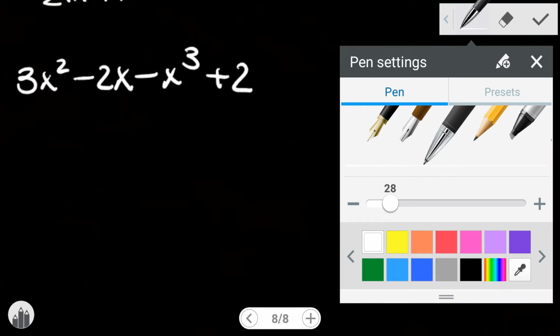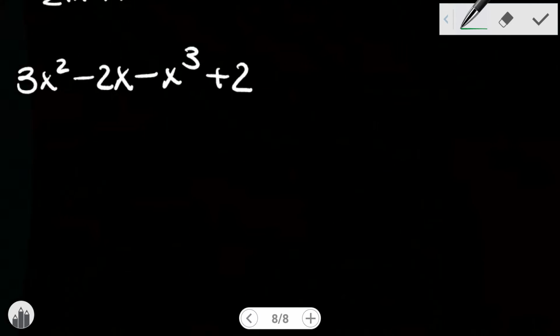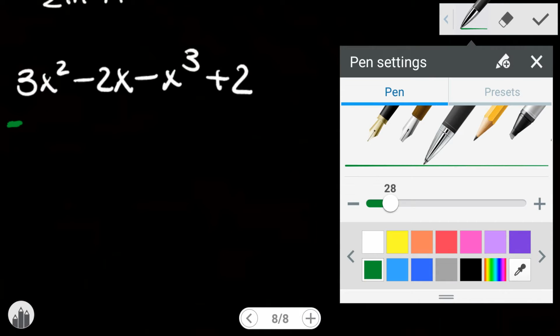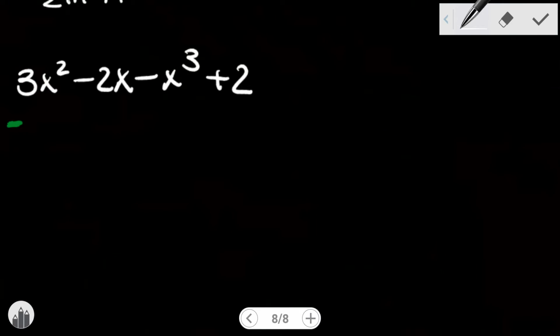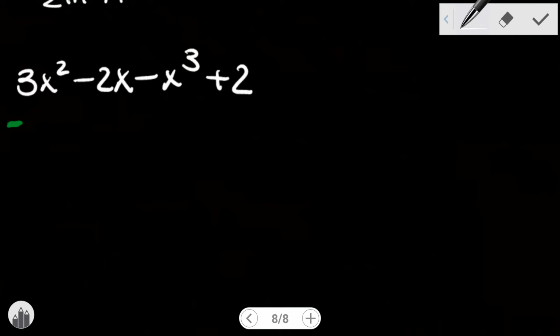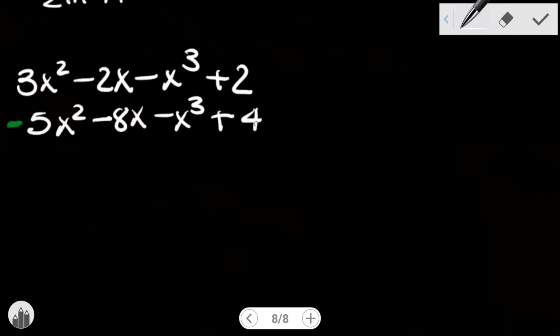And this one's going to be a subtraction. So make sure you're always looking at your indicated operation. So this one is going to be a minus. So it's going to be subtracting 5x squared minus 8x minus x cubed plus 4.